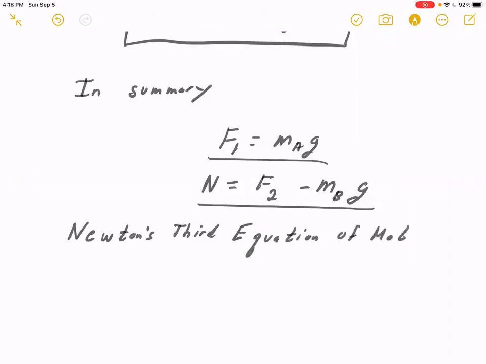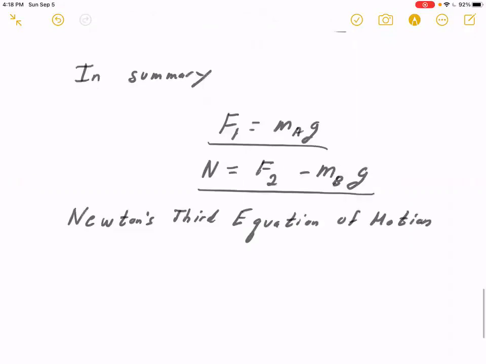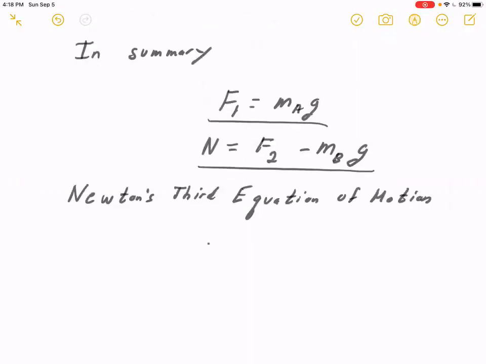And Newton's third law in this problem simply says that F sub 1 equals minus F sub 2.